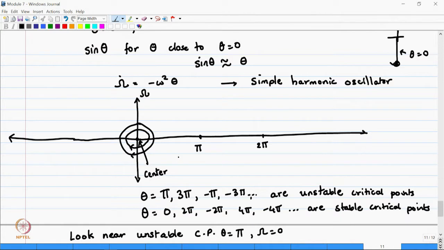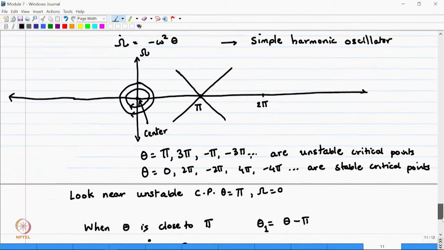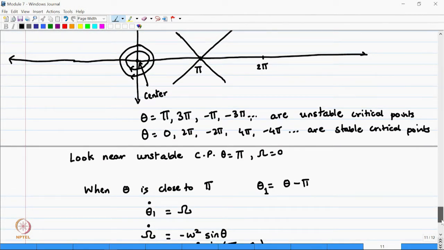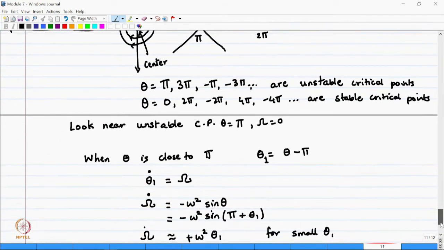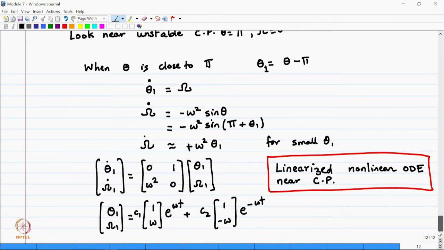Let me show it in this figure. You have a line of slope omega and a line of slope minus omega. So these two lines are there. Now, what will the trajectories do? Suppose you start at some value of theta and some value of omega.